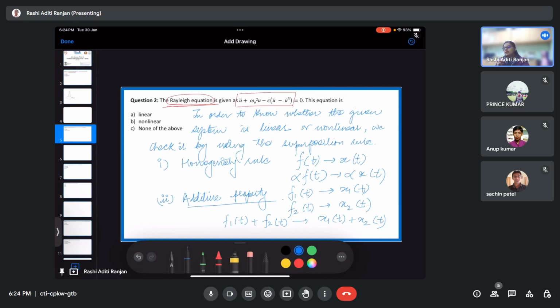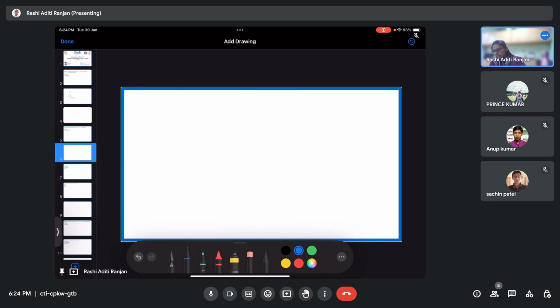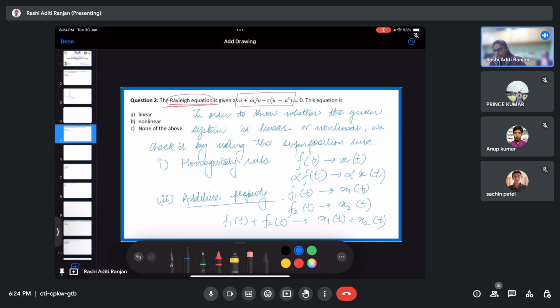Because this is a very simple equation where you can intuitively say whether it's linear or nonlinear. But if you are given a complex equation, with a very big equation with multiple variables, then what are you going to do? For that case, if we have this concept clear, then that would help us to know whether the equation is linear or nonlinear. So I'll just copy the equation.